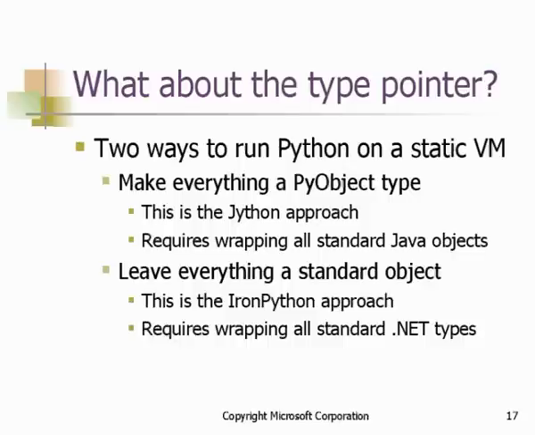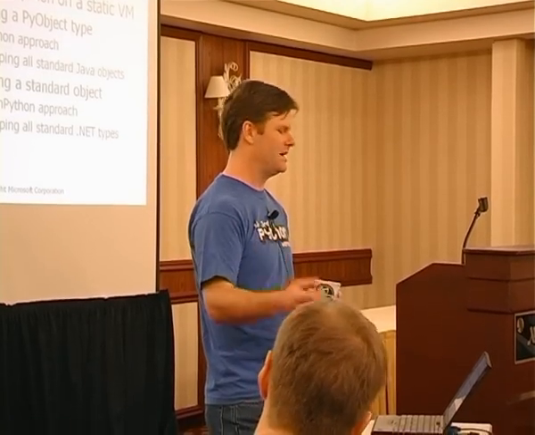It requires wrapping. All standard Java objects, anything that isn't a subtype of PyObject, when it comes into the system needs to be wrapped in a PyObject, and then unwrapped when it goes back out. And you have a lot of wrapping and unwrapping going on if you want to interoperate with other languages. So for IronPython, we tried to minimize that because one of our main goals is interoperation with all the rest of the .NET framework. So we leave everything a standard object.